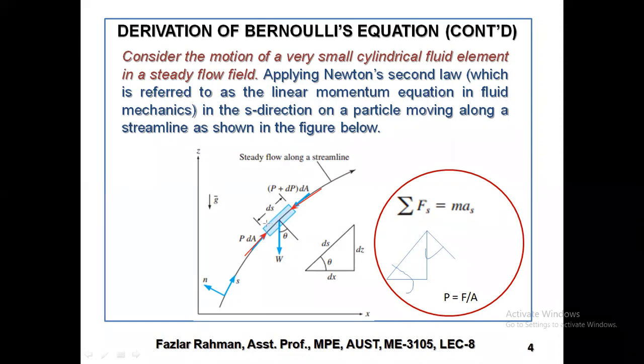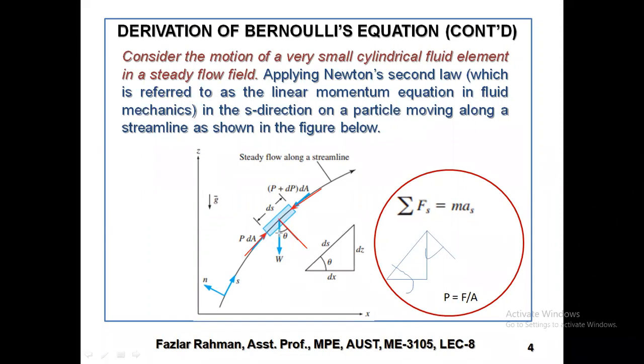And even in small dimension, this fluid element still has weight W. So this weight is working directly vertical. And I am drawing a line perpendicular to the length of the fluid element, and this angle is theta.